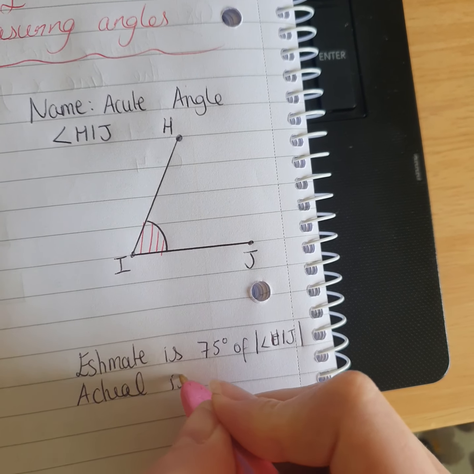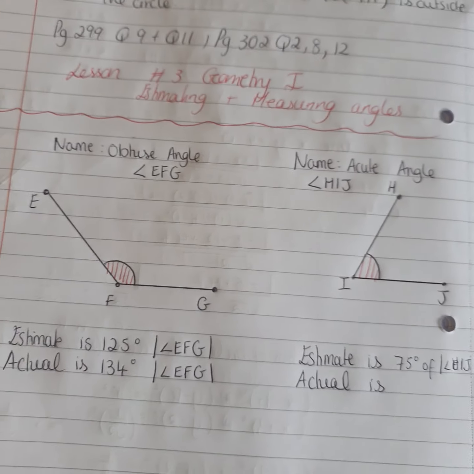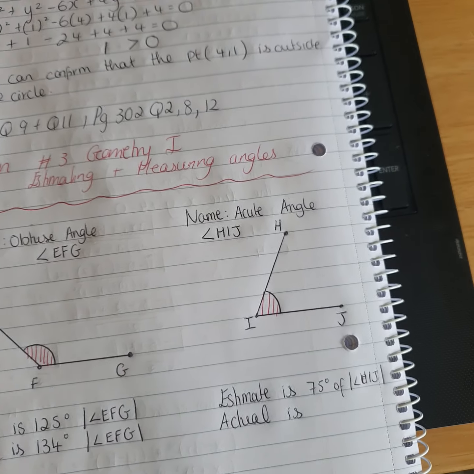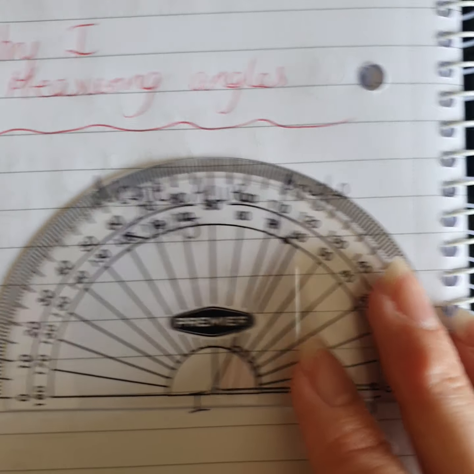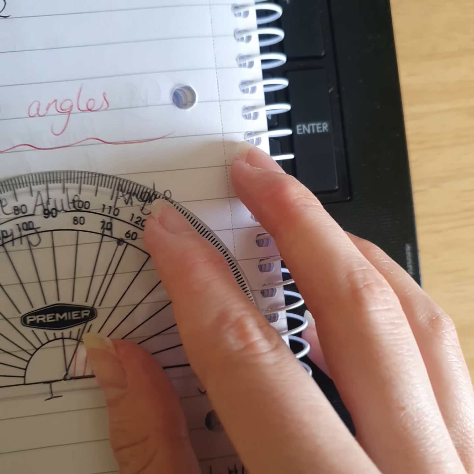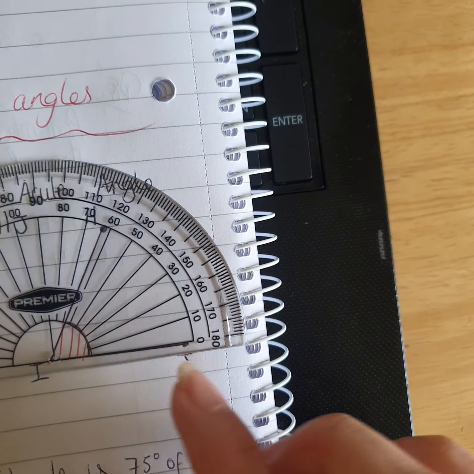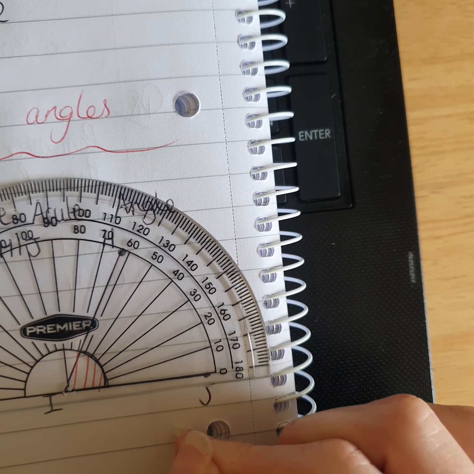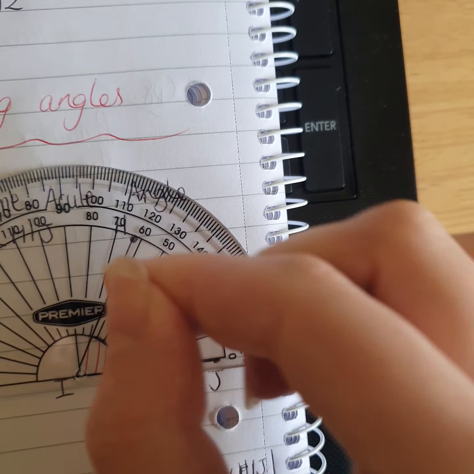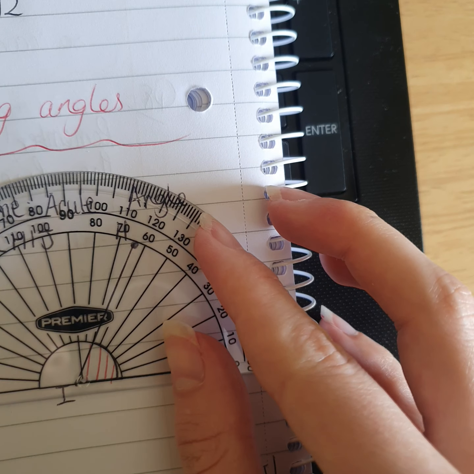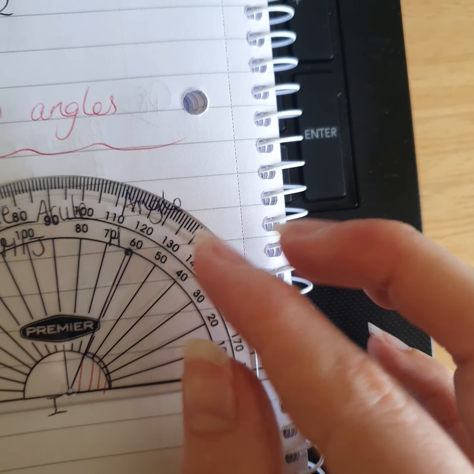So the actual is, so again, we line up my protractor. So we'll put it at the corner, right? So your little center point goes with the center of your angle, your baseline, and we're going from right to left again because that's the direction the arms are rotating. So remember, it's on the baseline, center point.